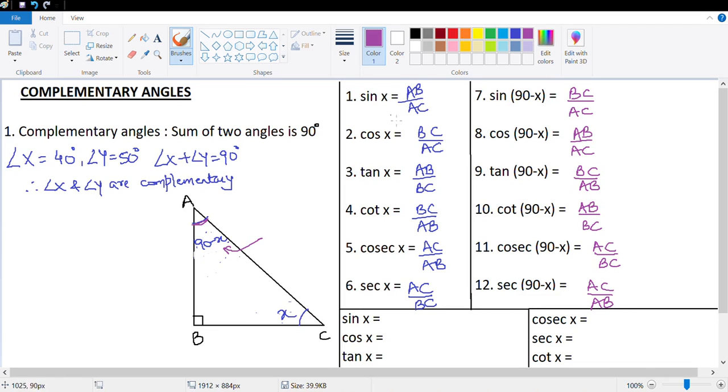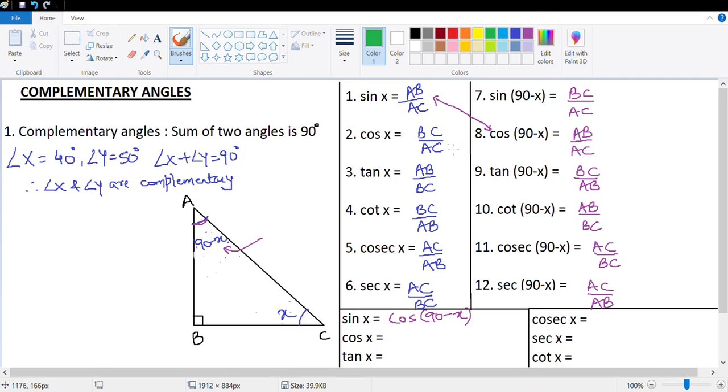Now let's try and compare these ratios for reference angle x and reference angle 90 minus x. So if I look at sine x, which is AB upon AC, this is equal to cos 90 minus x. So these two are the same. So if I write sine x, I can also write this as equal to cos 90 minus x. Let's look at the next one, cos x.